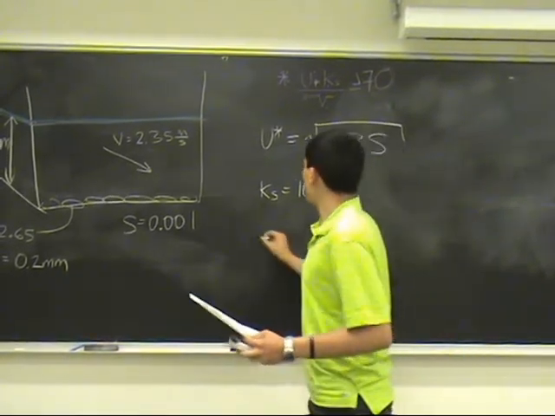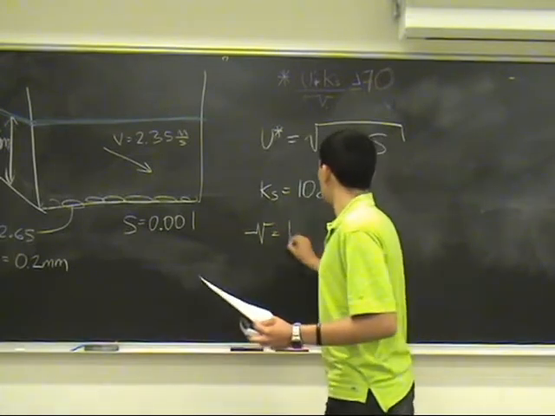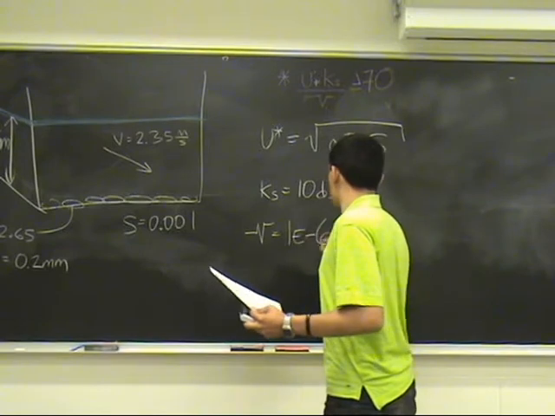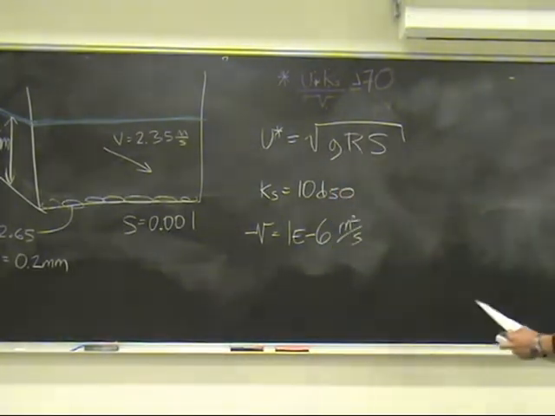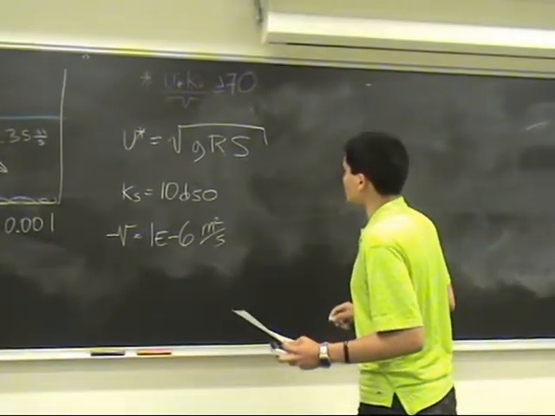And then our kinematic viscosity, we know that is constant, 1 exponent -6 meters squared per second. So we're going to try and plug all this in, see if we satisfy our constraint.